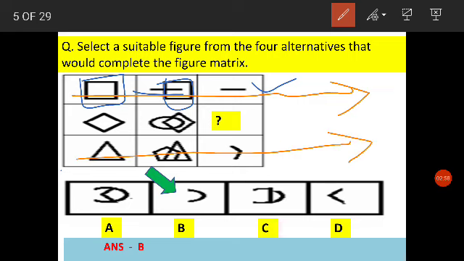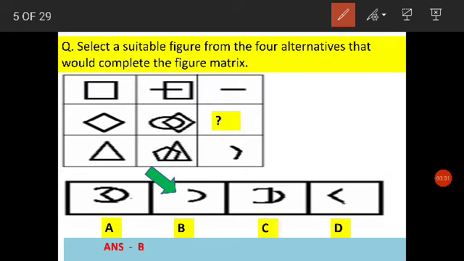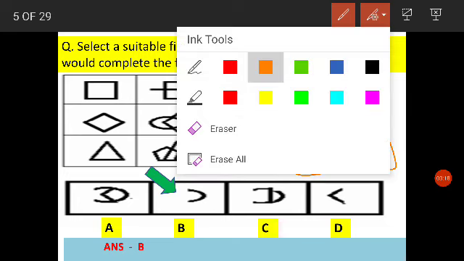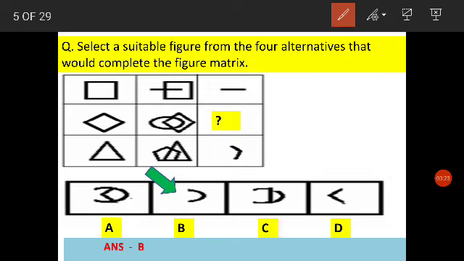Last one, if you see, there's a triangle, and then there's a pentagon in the triangle, and when the triangle is removed, the figure is this. The same way here, it is moving like this.